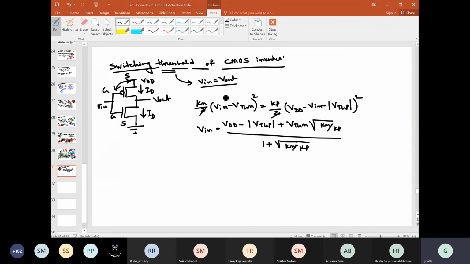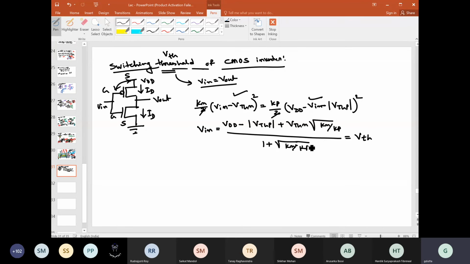Here we have made both transistors saturated, and we have equated the current. So whatever V in is, that is expected to be equal to V out, and this is nothing but the switching threshold of this inverter. So this is actually that VTH.